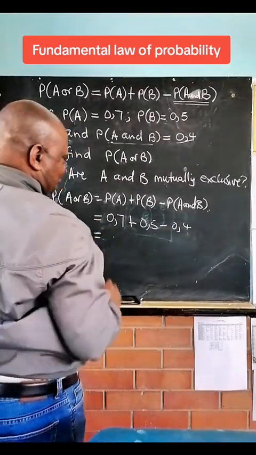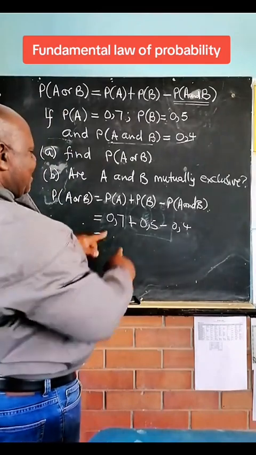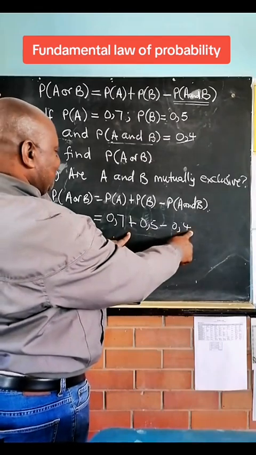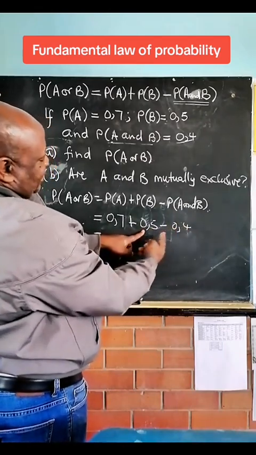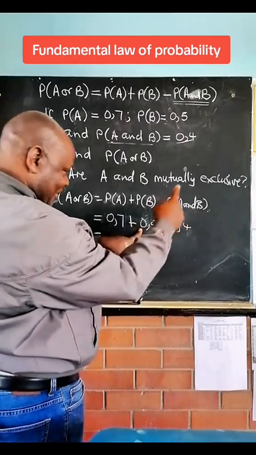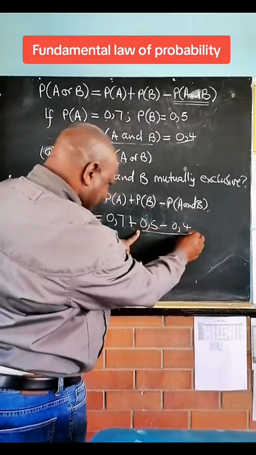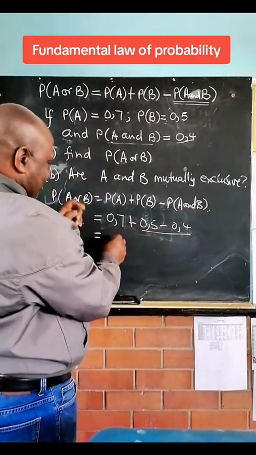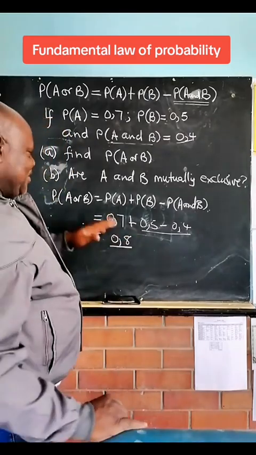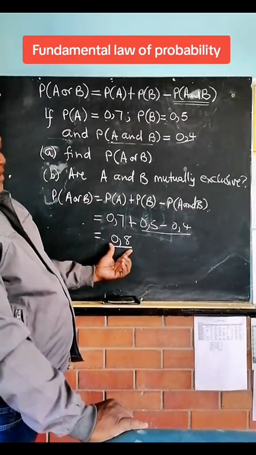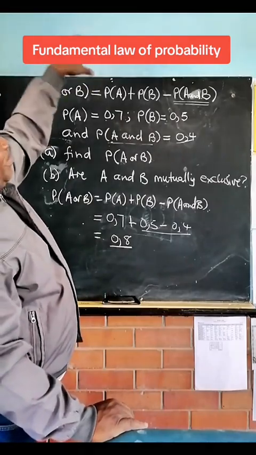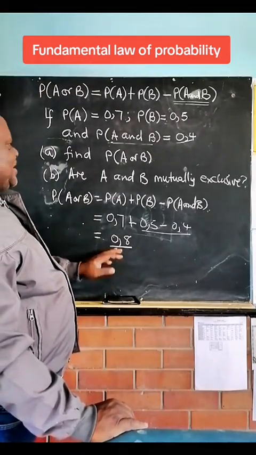So it's a matter of substituting and then simplifying. 1.2 subtract the 0.4, or an easier way of doing it will be 0.5 minus 0.4. The answer is 0.1 for this part, 0.1. Added to 0.7, the answer will be 0.8. So probability of A or B is equal to 0.8. We have used the fundamental law of probability to answer this question.